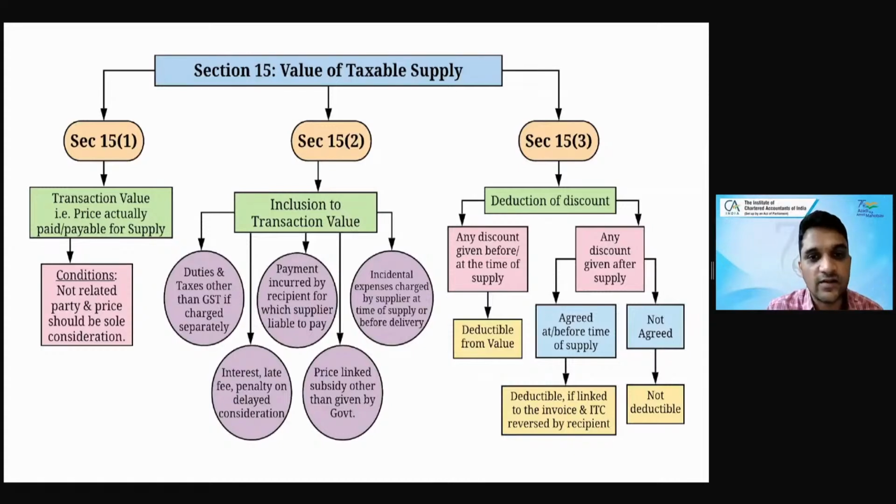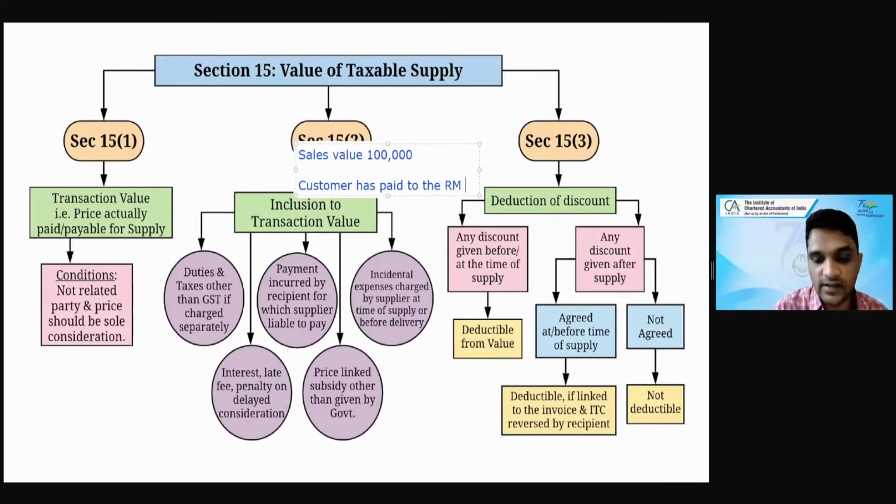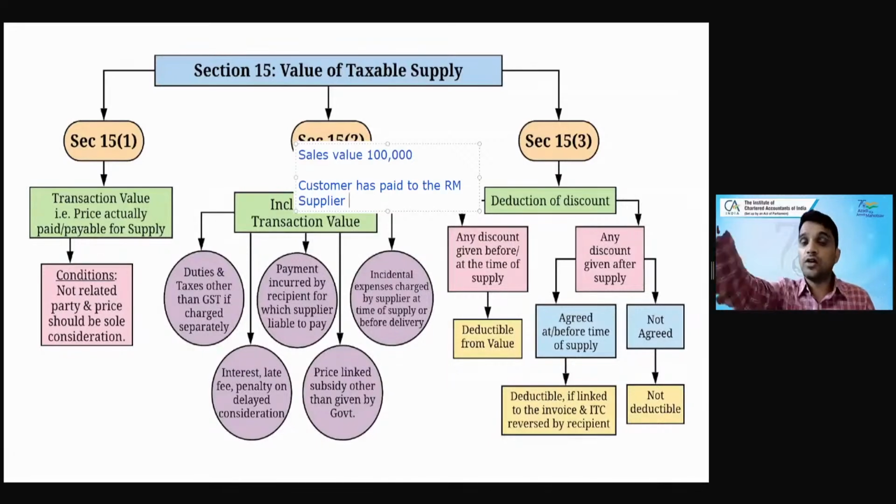Again, let's understand this with an example. My sale value is 1 lakh rupees. Now, the customer has paid to the raw material supplier. He's saying, I will only buy the products because I don't trust you. So your value is 1 lakh. Now I have paid to your supplier so that he will deliver the goods to you. I have paid him 20,000 rupees.